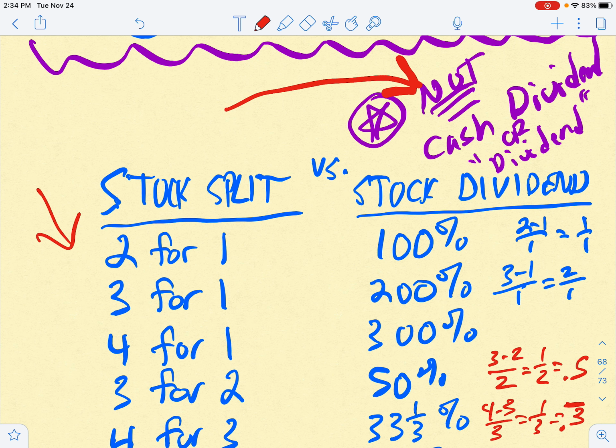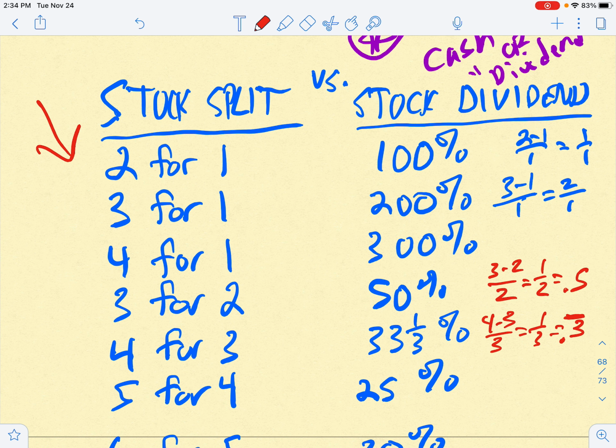All right, so let's just make some observations here. What stock split equals what stock dividend? Okay, so a 2 for 1 stock split here is the same as a 100% stock dividend. For every share you used to have, you now have 2. So it's kind of like E minus B over B. Ending is 2 minus 1 over 1, so you get 1 over 1, which is 1 decimal or 100%.